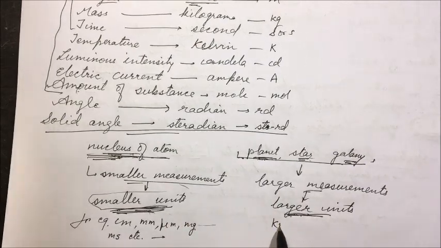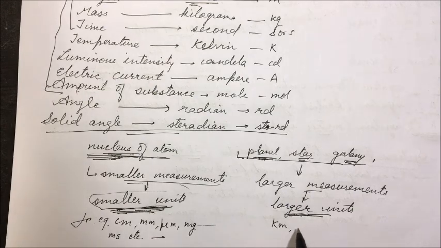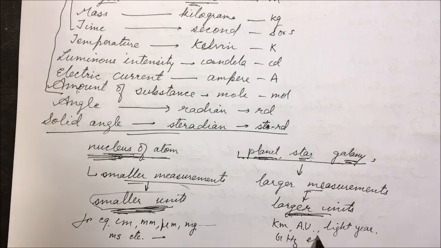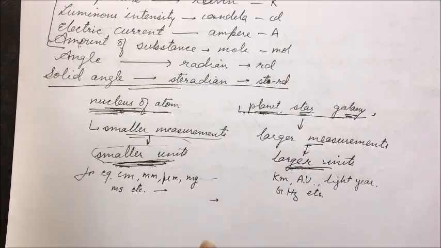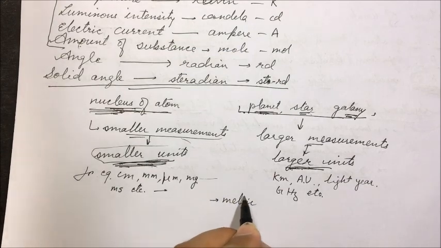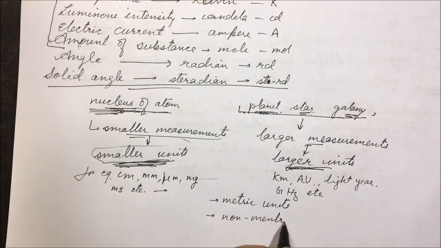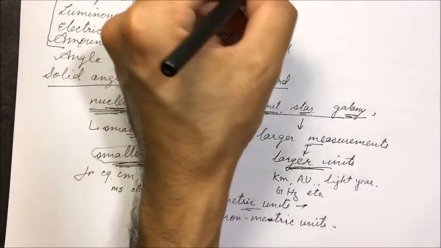They can be kilometer, astronomical unit, or light year, or gigahertz, etc. These units can be metric units or non-metric units. Metric units means they are related to these fundamental units in terms of powers of 10.